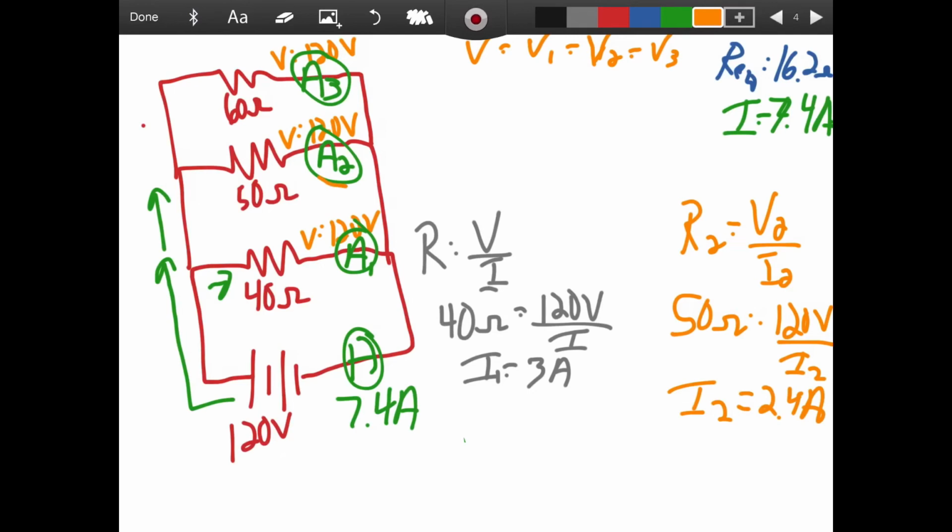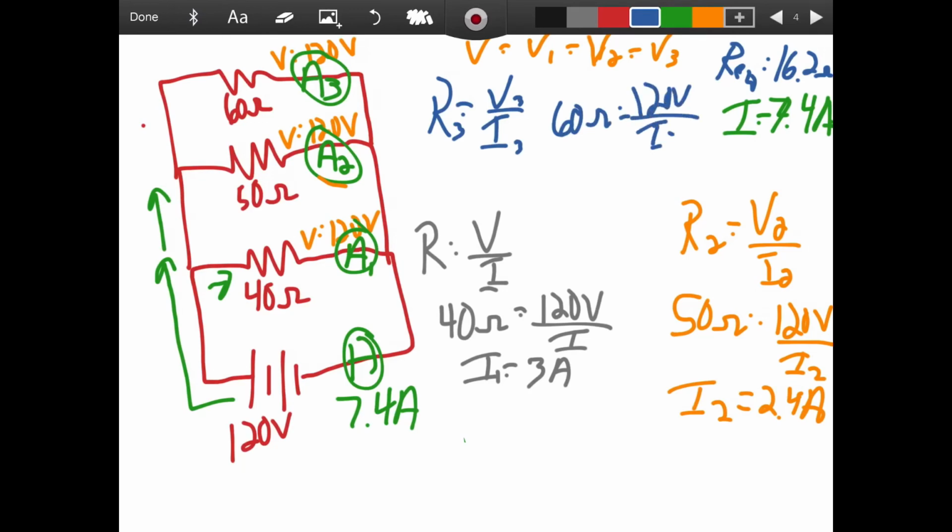And then we'll do the third one quickly. This is the 60 ohm resistor, still 120 volts. And we're looking for the current. So through the third resistor, there should be 2 amps of current.